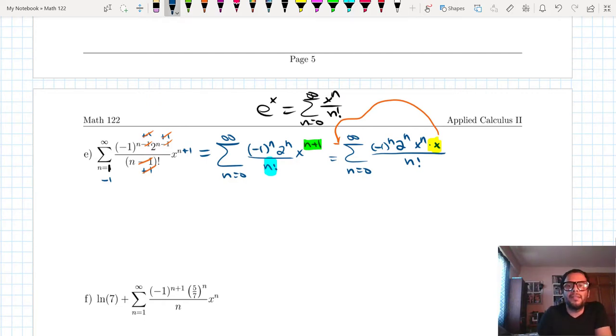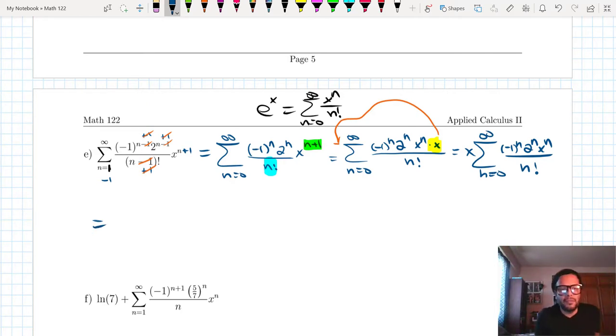Now this will be x times the sum of negative 1 to the n, 2 to the n, x to the n over n factorial. I'm going to group everything in the numerator to have everything under some n. So this will be, don't forget the x, just keep writing it.